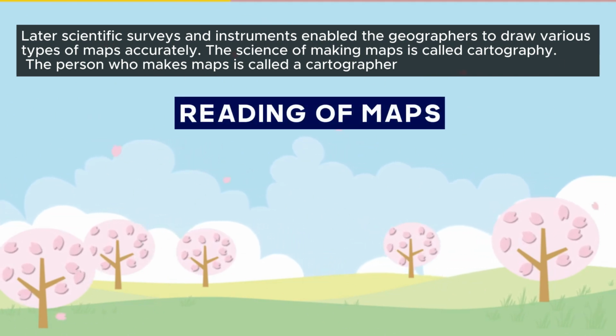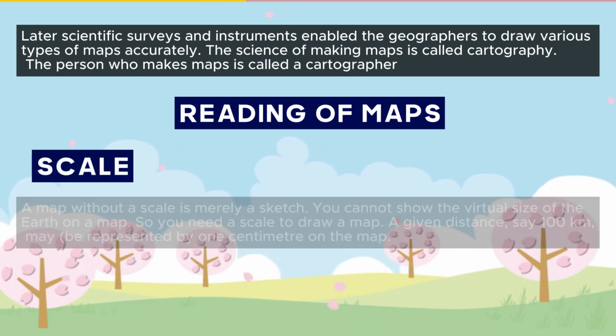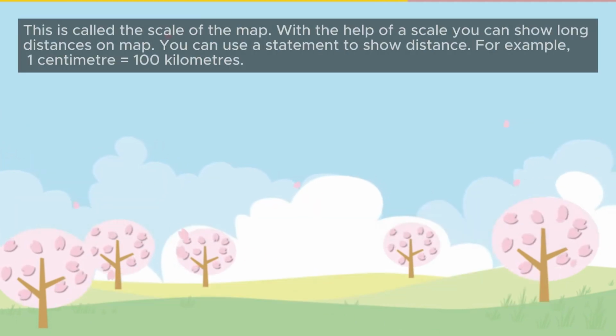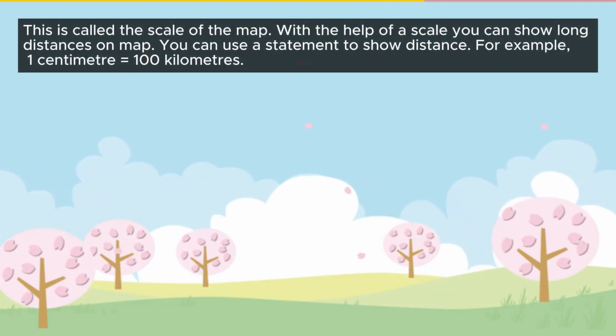Reading of maps. Scale. A map without a scale is merely a sketch. You cannot show the actual size of the Earth on a map. So you need a scale to draw a map. A given distance, say 100 kilometers, may be represented by 1 centimeter on the map. This is called the scale of the map.